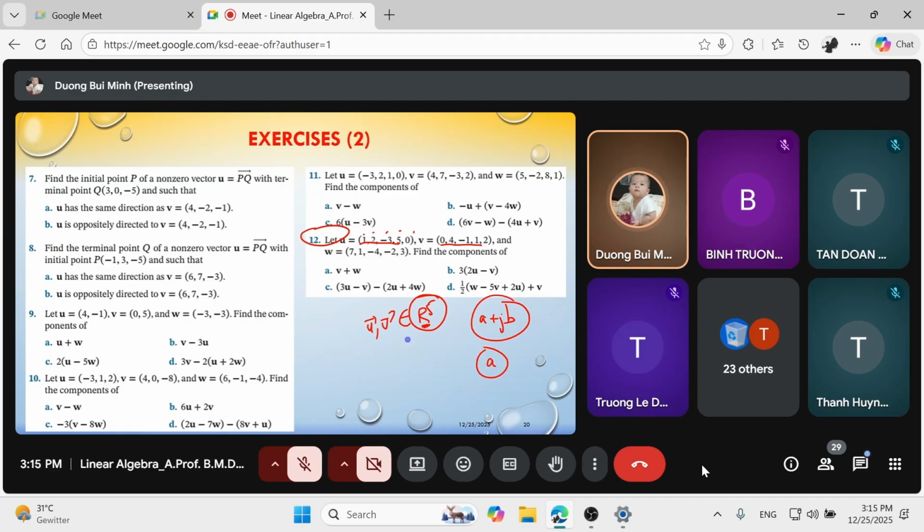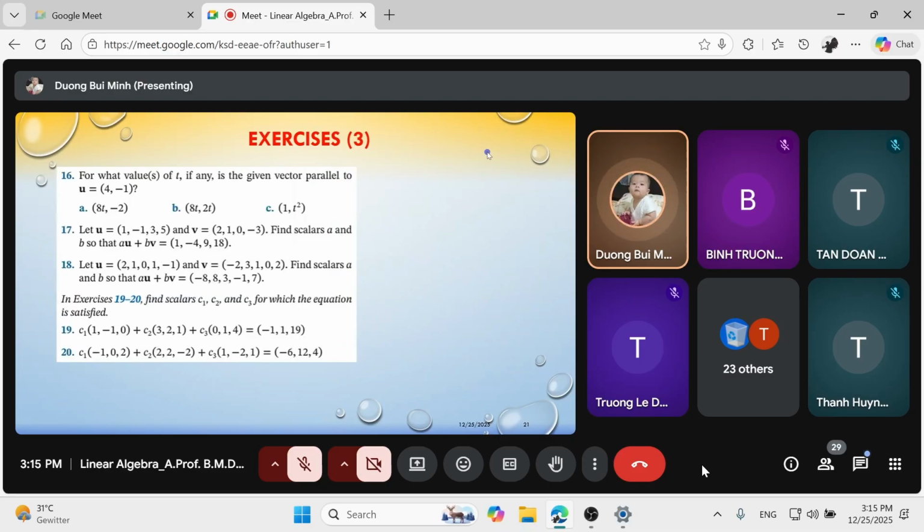U and V belong to R5. How about this one? U, V, W belong to R4. Okay, find scalars C1, C2, C3 for which the equation is satisfied. Very easy, it's good.